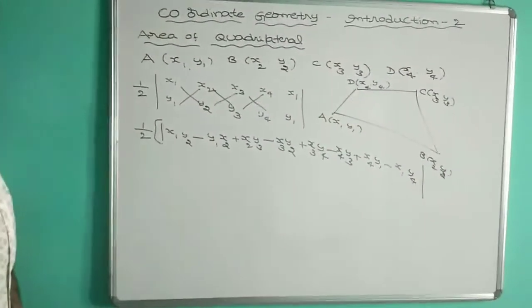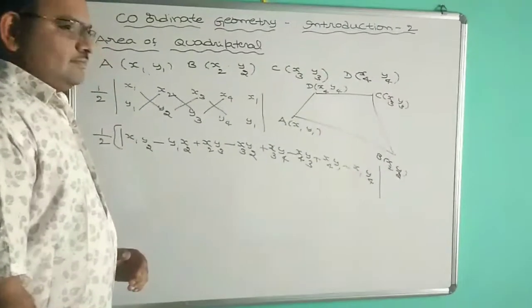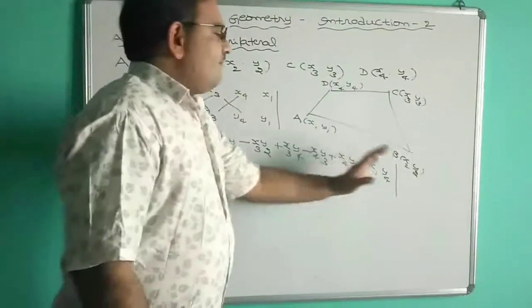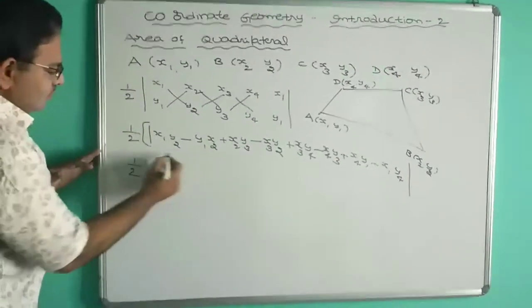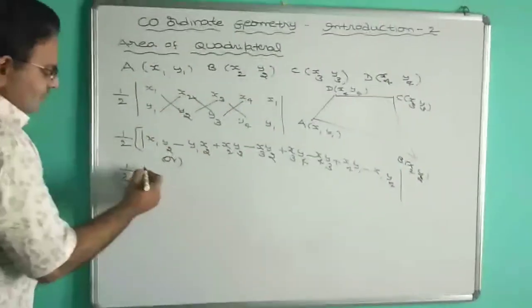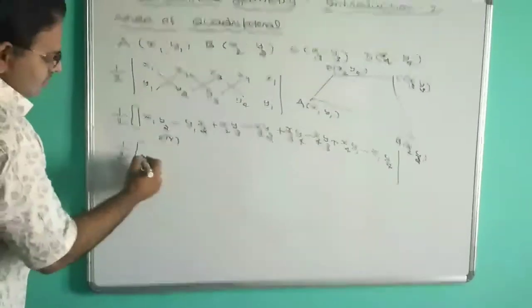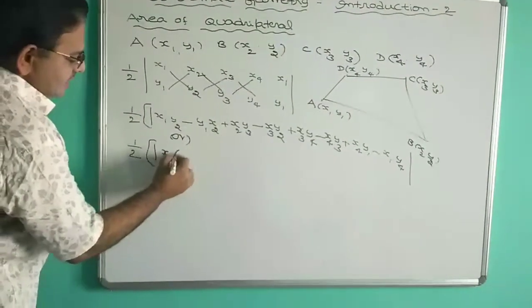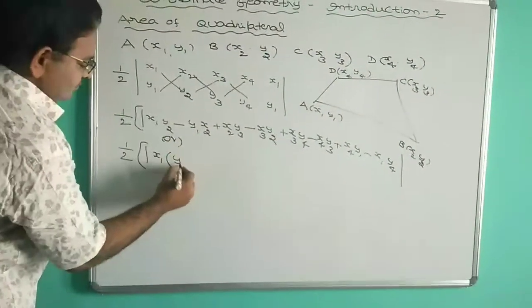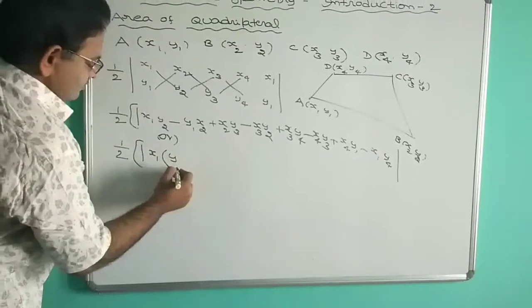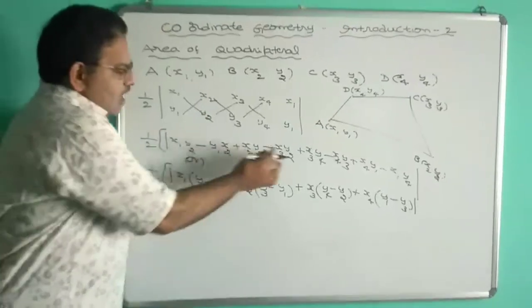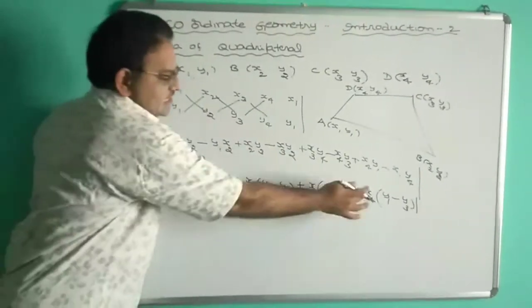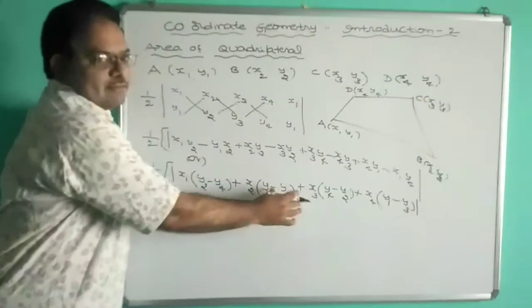Otherwise, this formula can simply be written as half into x1 y4, otherwise, if you take x1, x2, x3, x4 common, you get this formula.